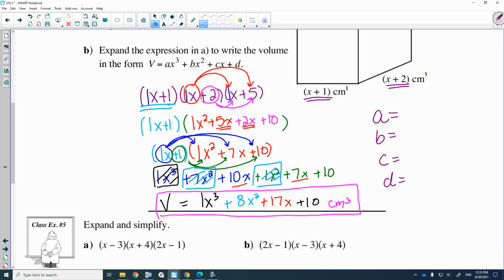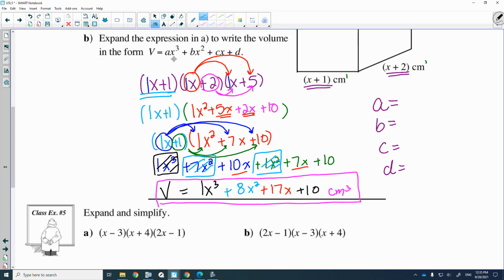Tristan, what's the value of A? So look up here. A is in front of, so down here, what's the numerical coefficient or the number in front of your x cubed? 1. So A is 1. And then B, Michaela, what's B?